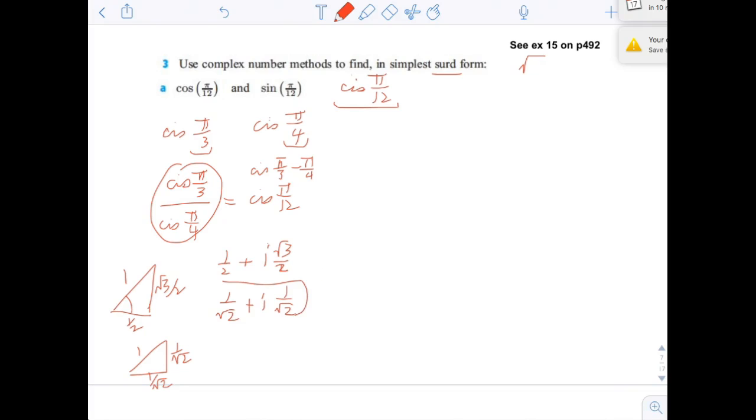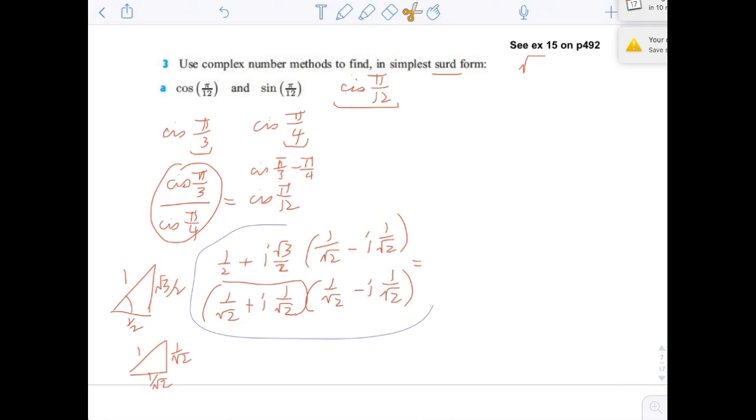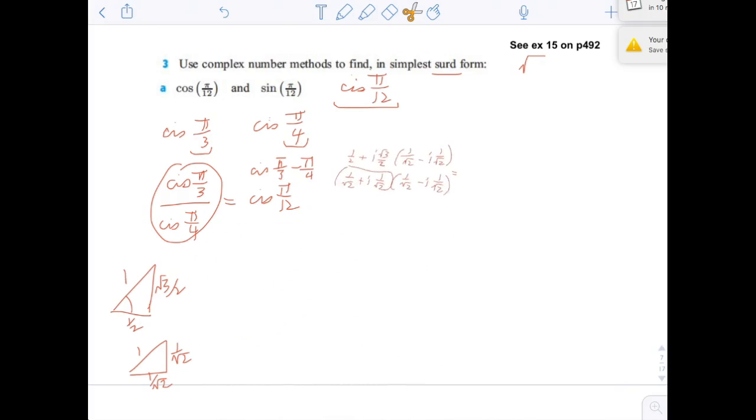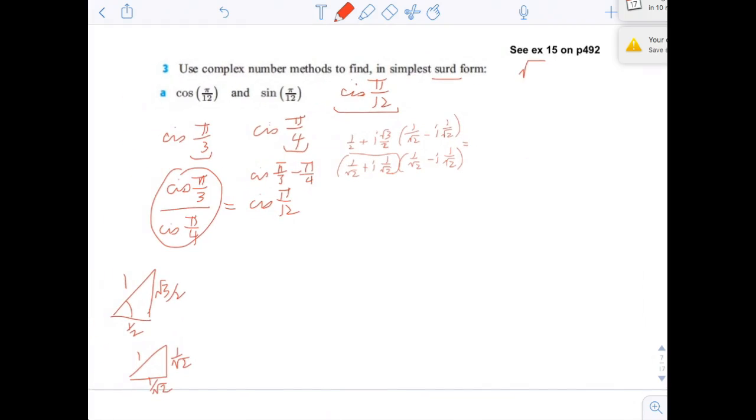So we're going to multiply the bottom by 1 over square root of 2 minus i 1 over square root of 2, because that would be the complex conjugate. And we multiply both the top and the bottom by the complex conjugate. So the bottom would be 1/2 minus i squared, so that would be plus 1/2.